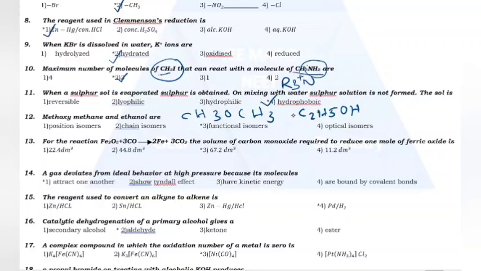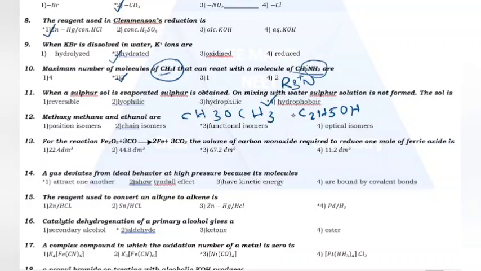Right? Next one. For the reaction Fe2O3 + 3CO gives 2Fe + 3CO2, the volume of carbon monoxide required to reduce 1 mole of ferric oxide. For this type of problem, we need to look at the balanced chemical equation. We can say it's a stoichiometric calculation. Here 1 mole of Fe2O3 is reacting with 3 moles of carbon monoxide.